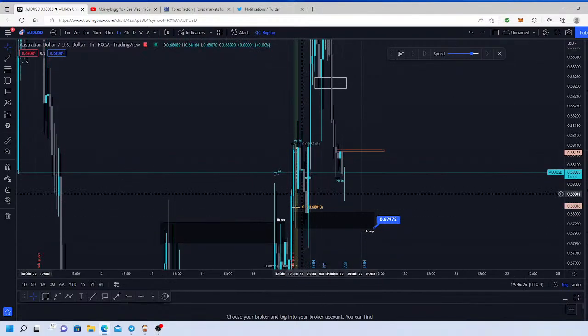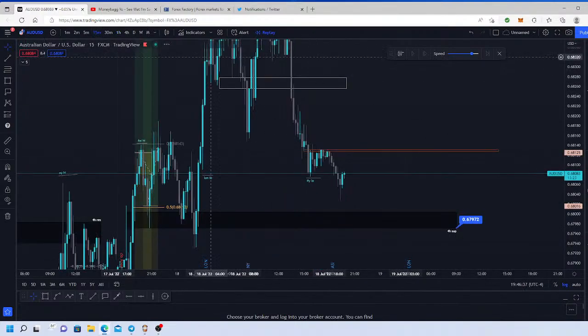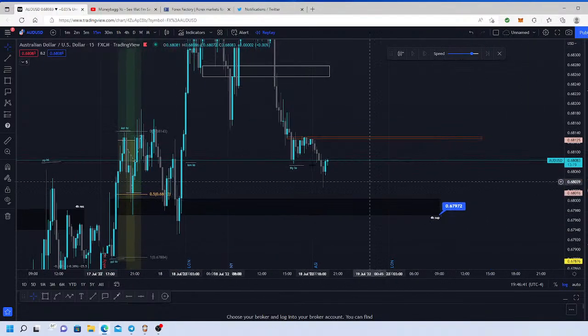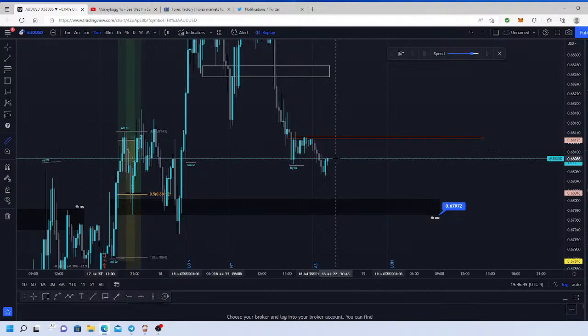So we're pushing back down into support, and we're getting this funkiness here. I want to see how we react from here. 68,168, 130, about 4 pips away.